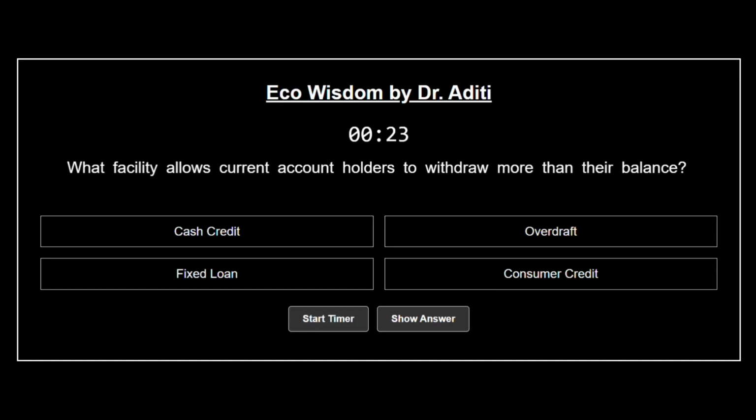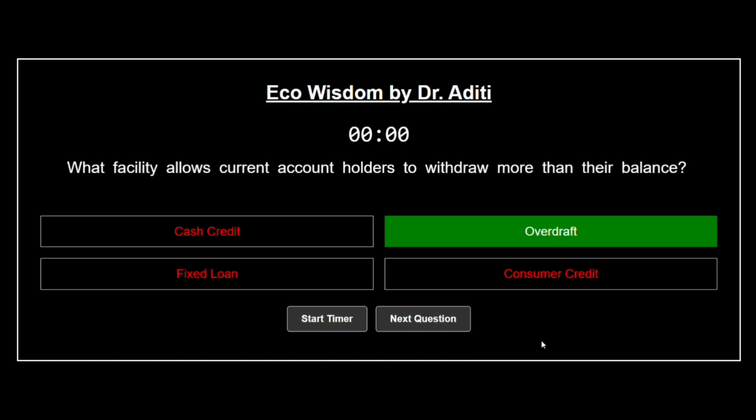Once again, cash credit, overdraft, fixed loan, and consumer credit. These four options you have. Yes. Time is up. Let's see the correct answer. It is overdraft facility, which is known for withdrawing from current account balances.